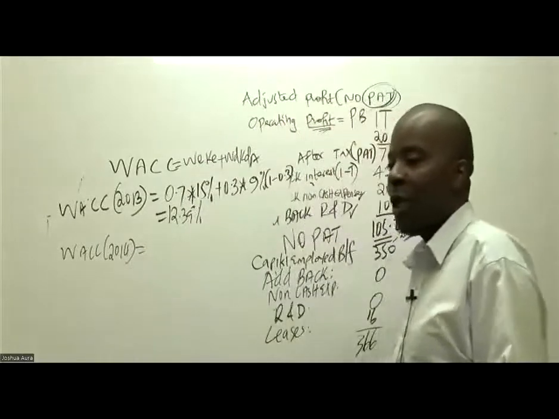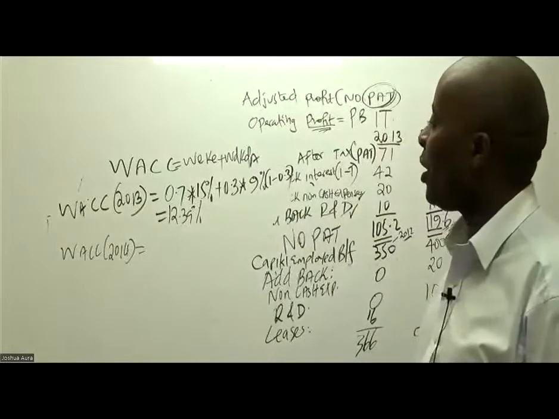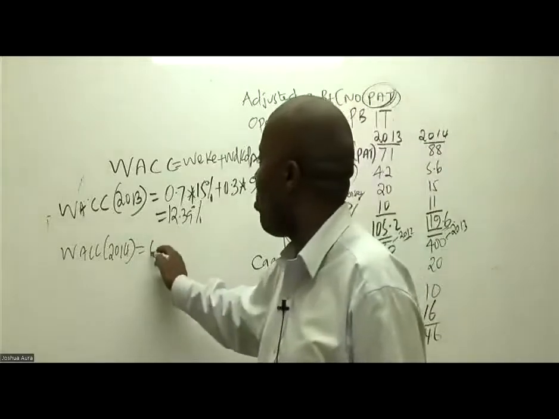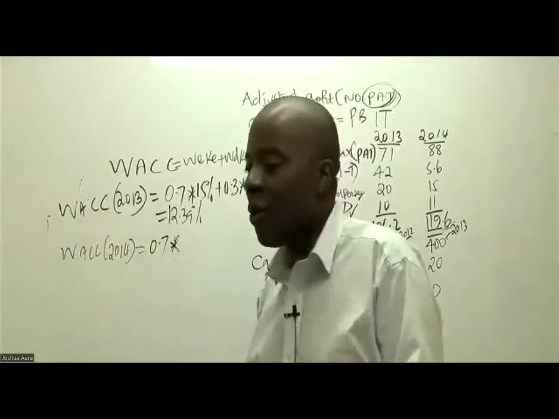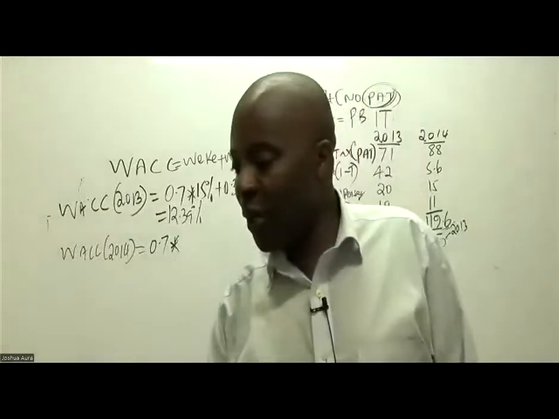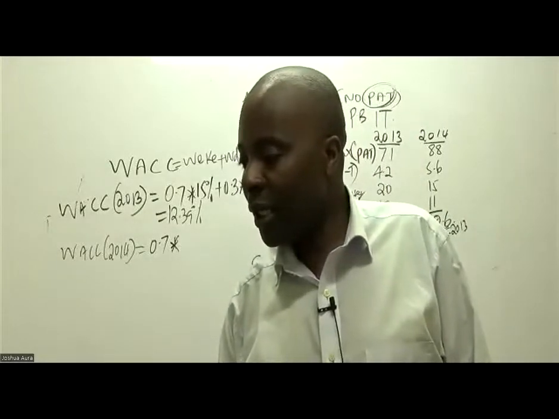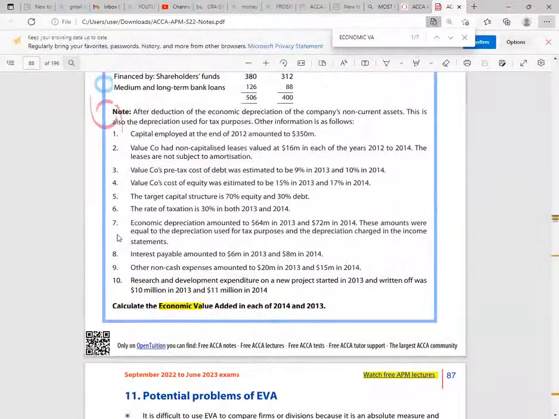WACC for 2014. I'll start with 0.7, which is the weight of equity, multiplied by the cost of equity. The cost of equity in the year 2013, as per note number 4, is 15%.